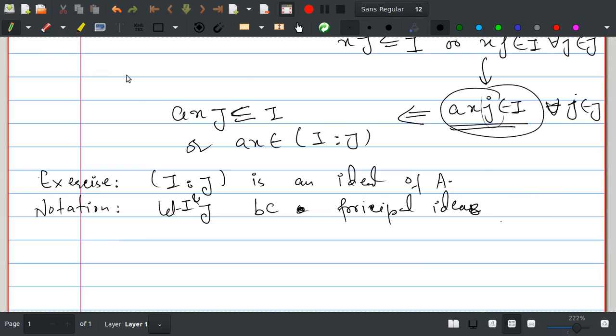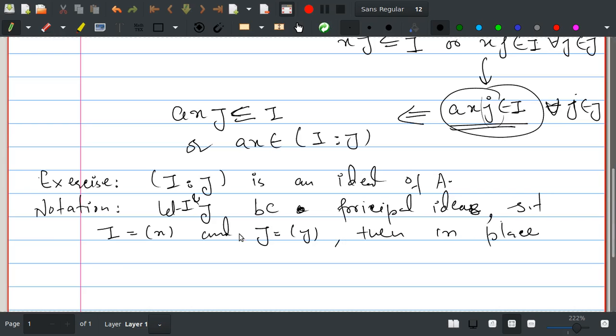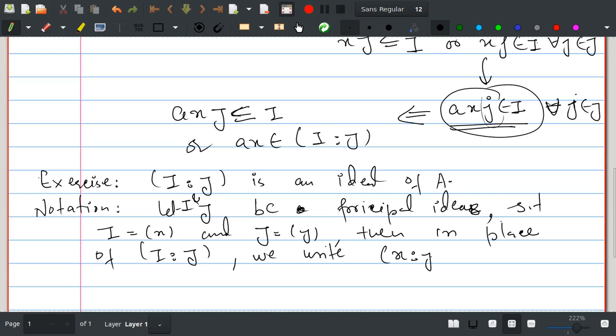Now I and J being principal, they are generated by single elements. So if I and J are principal ideals such that I is generated by x and J is generated by y, then in place of I colon J, we write x colon y.